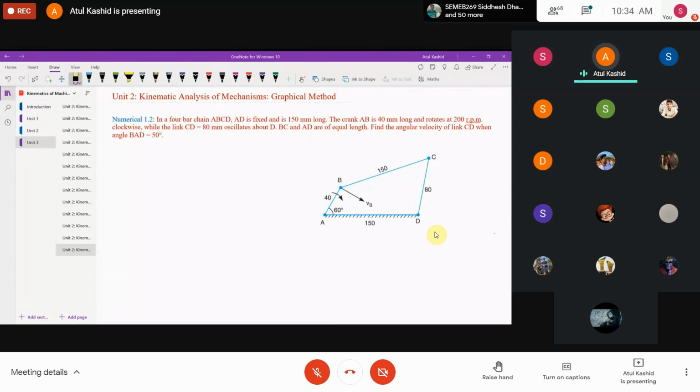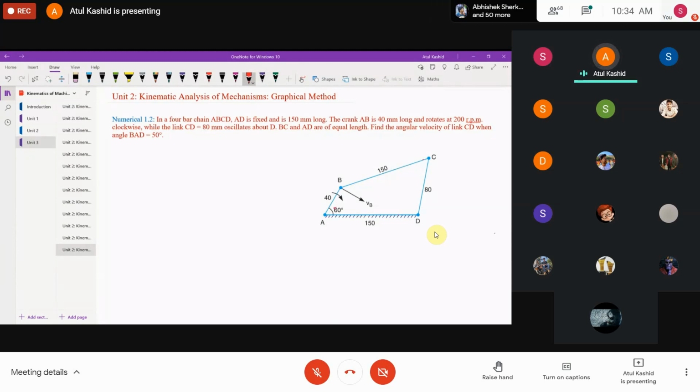Then the link CD, 80 mm, is oscillating about the point D. BC and AD are of equal length, both 150 mm. Then find the angular velocity of the link CD when angle BAD is 50 degrees.